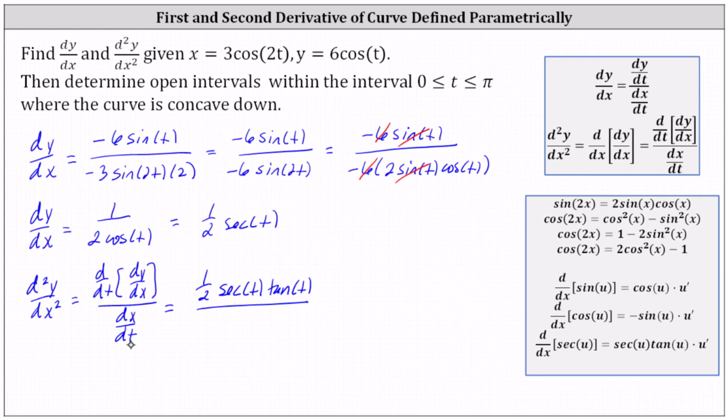Recall dx dt is the derivative of 3 cosine 2t, which we can see here is negative 3 sine 2t times 2, or negative 6 sine 2t, or if we want, negative 12 sine t cosine t. Let's use negative 12 sine t cosine t.